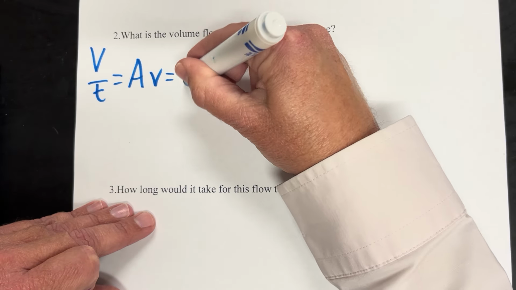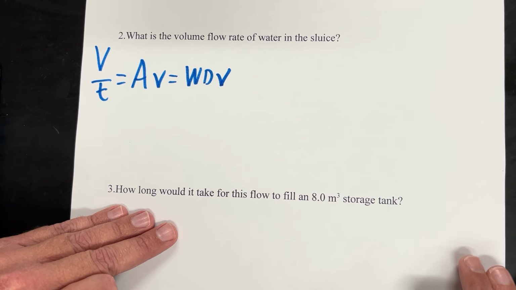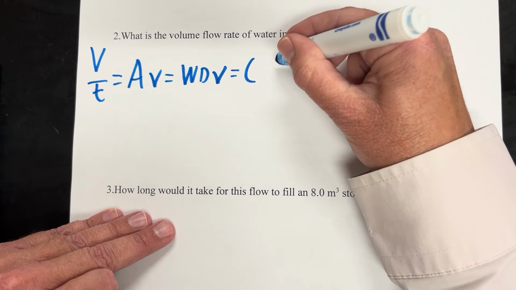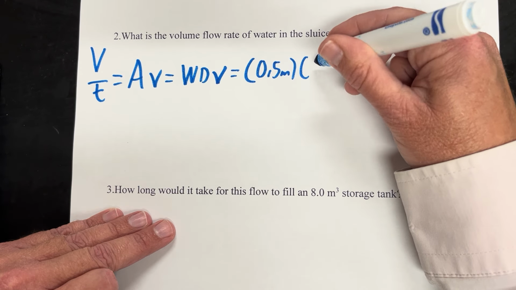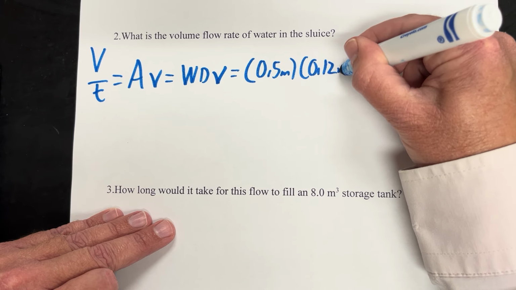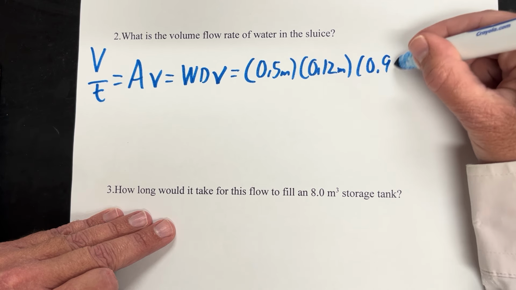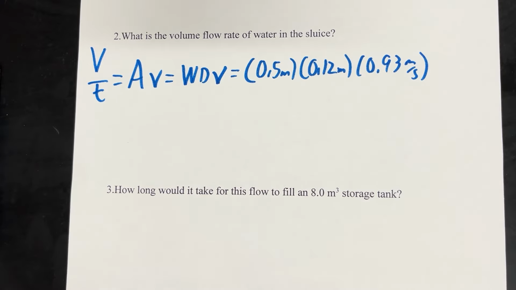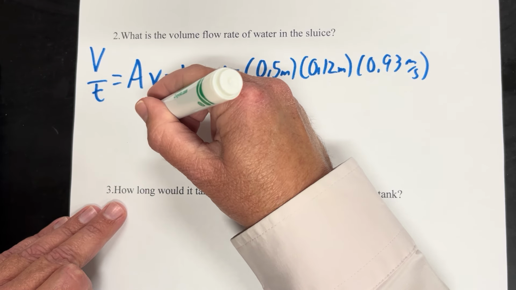So width times depth times velocity will give us the volume flow rate. They told us that the width was 0.5 meters, the depth was 0.12 meters, and we just solved for the velocity, which was 0.93 meters per second. So once we multiply all of those together, we should get a volume flow rate.